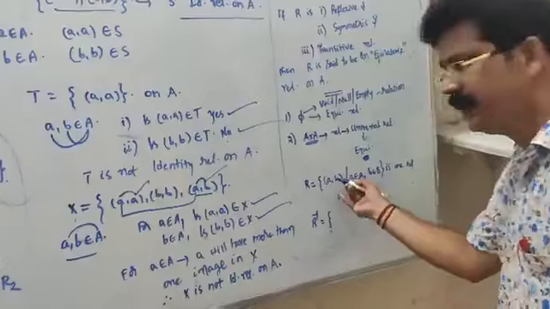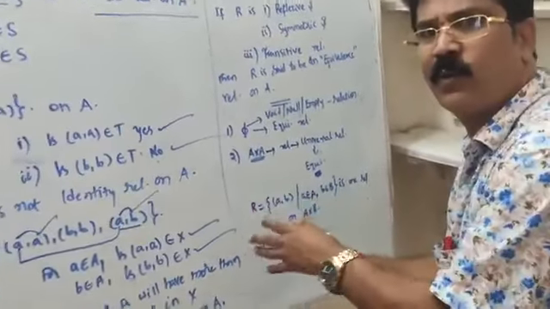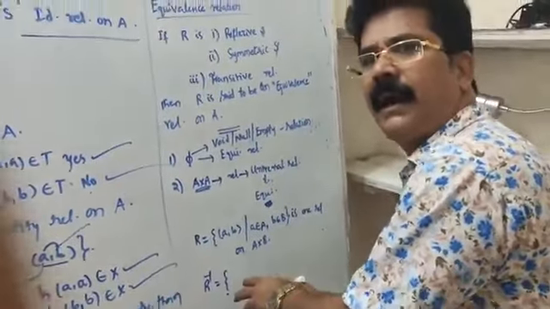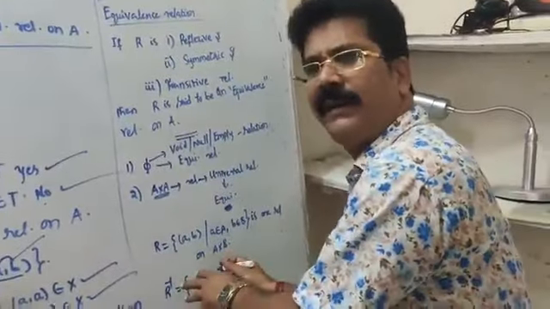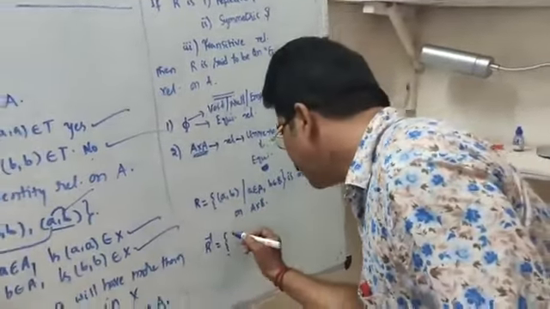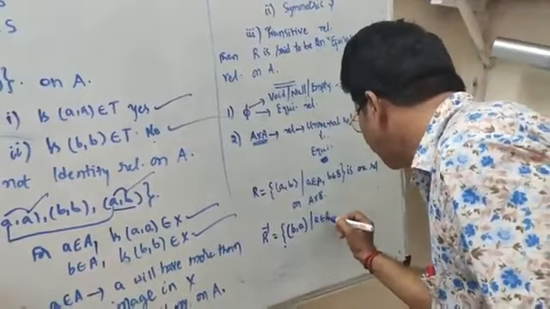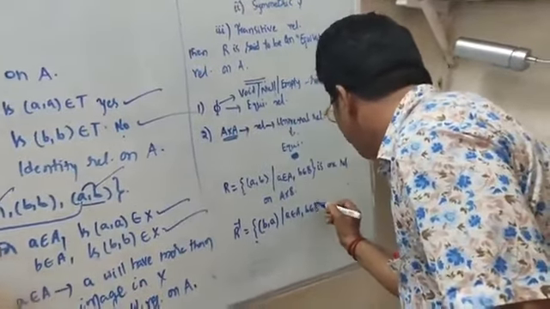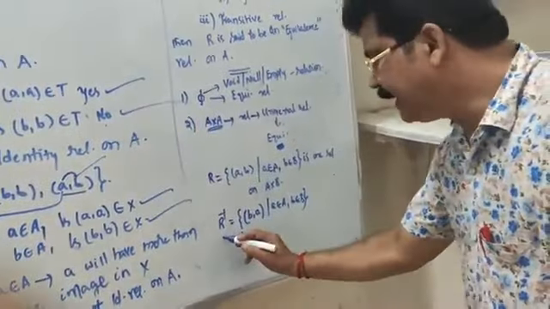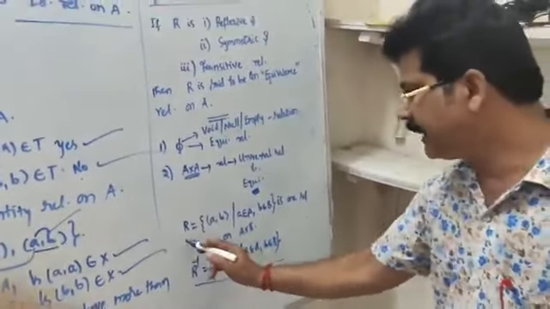Just interchange the first coordinate and second coordinate, so the second coordinate becomes the first coordinate. So the ordered pair B comma A, so that A belongs to capital A, small b belongs to capital B. It is called inverse relation of capital R.